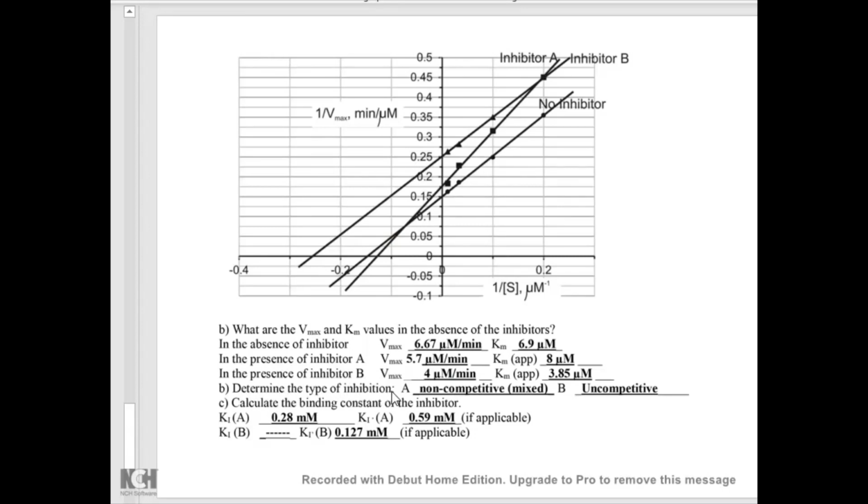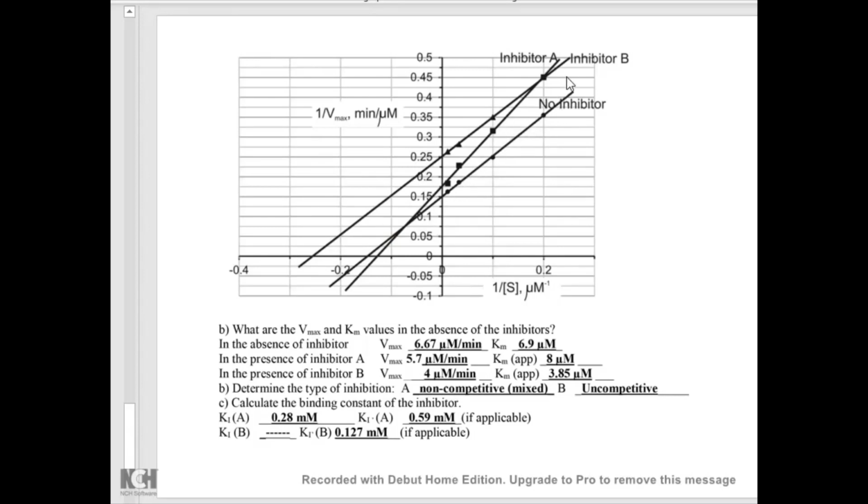I think here you need to just simply memorize. There are 3 cases of different mechanisms of inhibition. So for competitive inhibition, you have lines intercept on the y-axis. But you don't have these lines here. No lines intercept on the y-axis. No competitive inhibition. Then for uncompetitive inhibition, you have parallel lines.